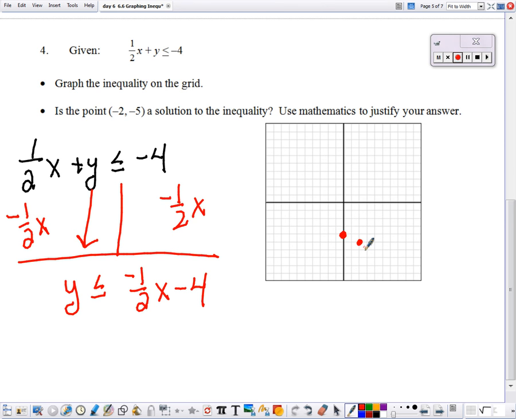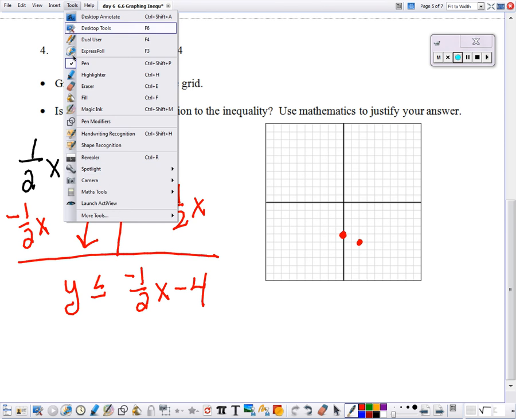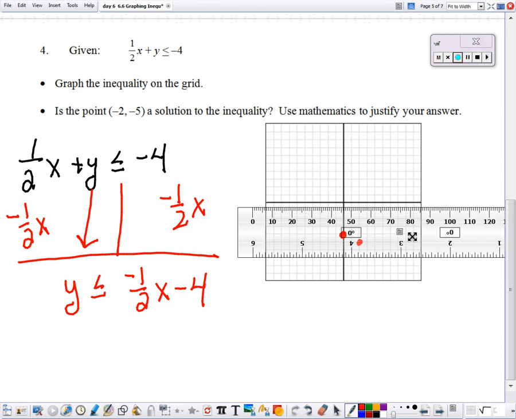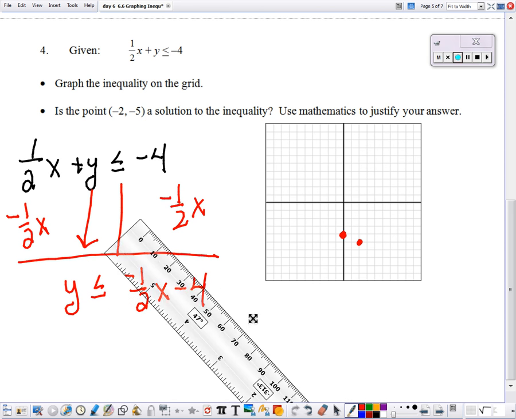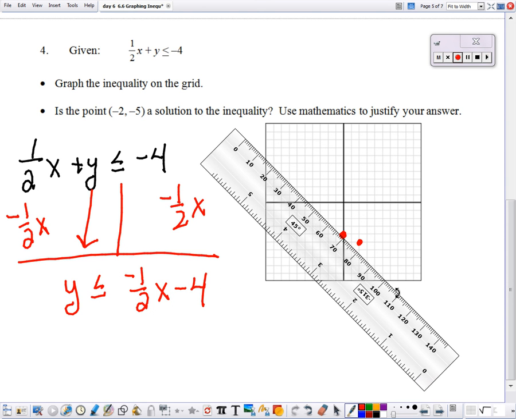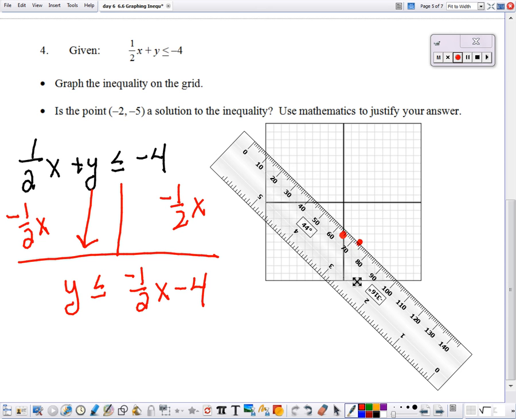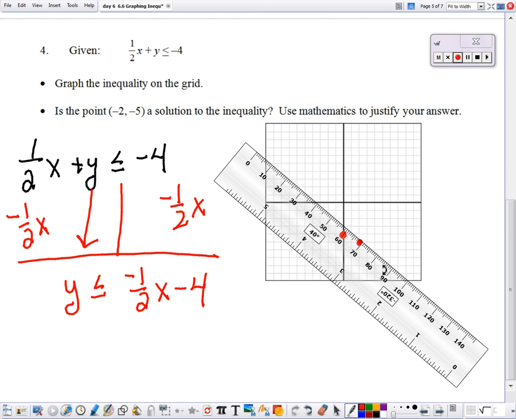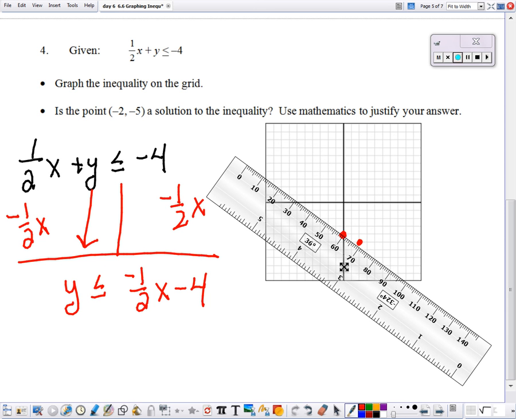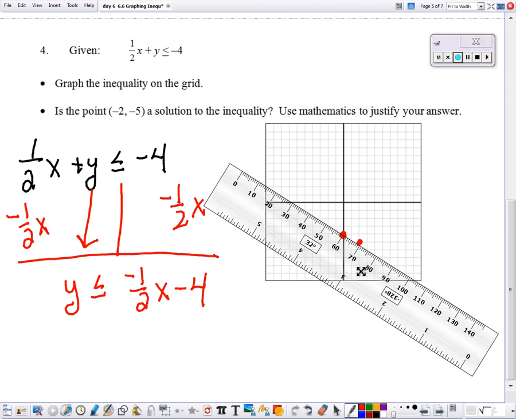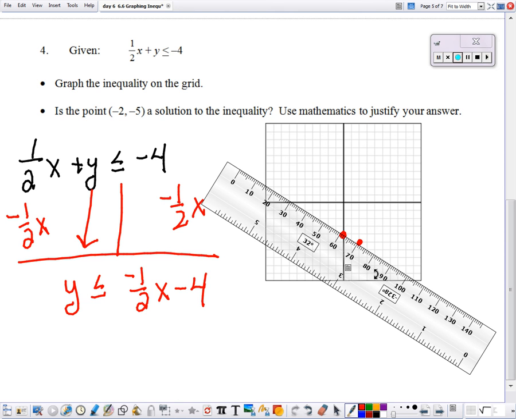I'm going to get my ruler again. So you use the side of your calculator. This ruler is not very easy to use. There we go. And we're going to connect our line with a solid line because it says or equal.